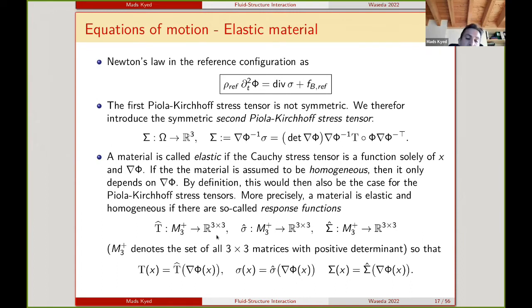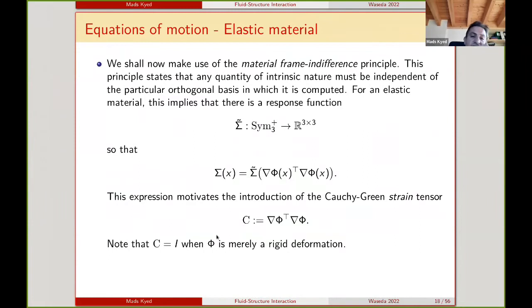Similarly, of course, we would in this case also have response functions for the first and second Piola-Kirchhoff stress tensor.